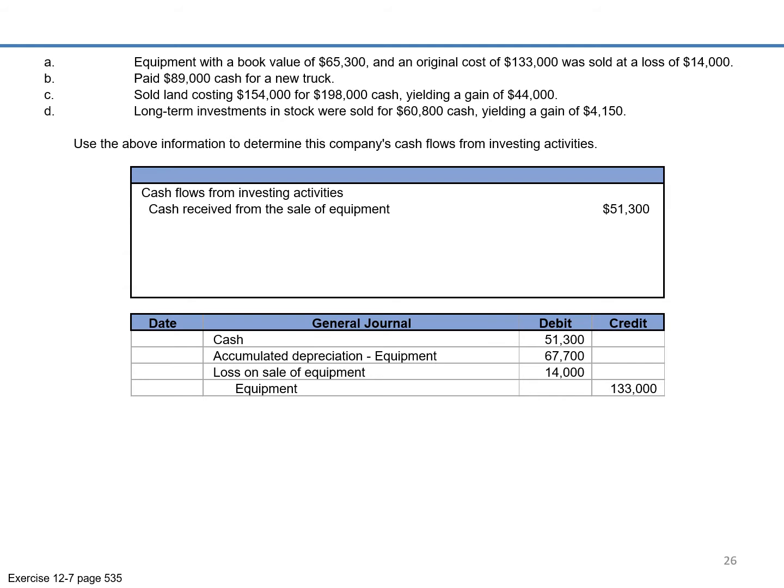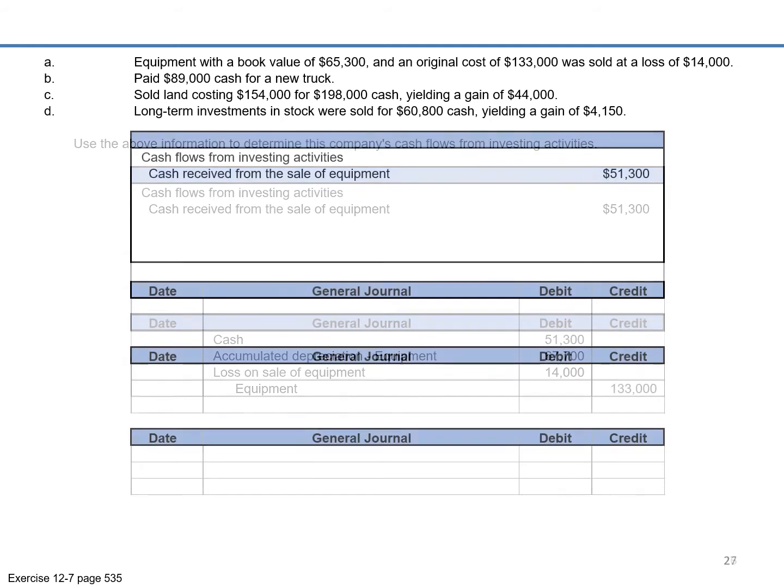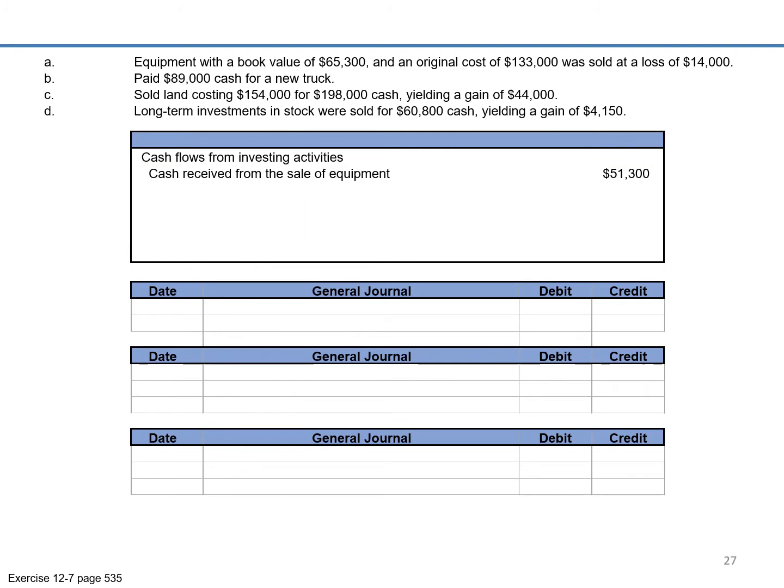So we have $51,300. In letter B, we paid $89,000 cash. So that $89,000 cash that we paid for our new truck, we would have debited truck and credited cash, right? For $89,000. So that $89,000 cash that went out the door is going to be a reduction in our cash flow from investing activities. Okay.